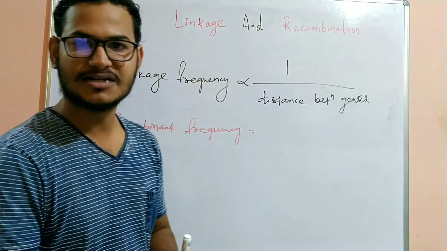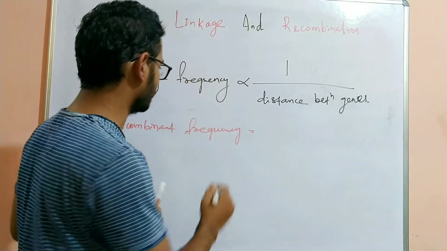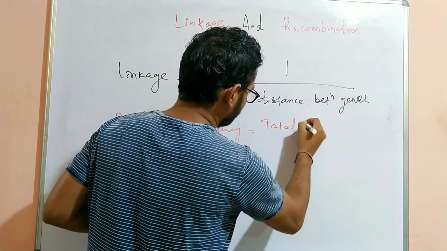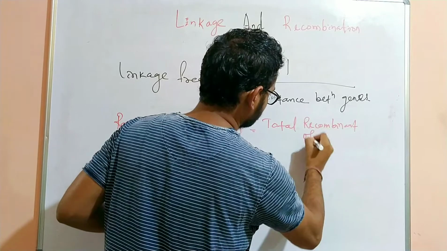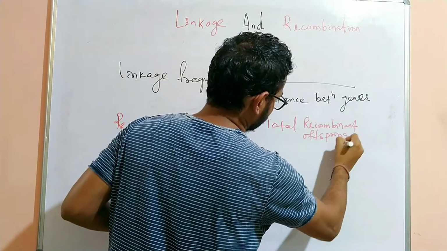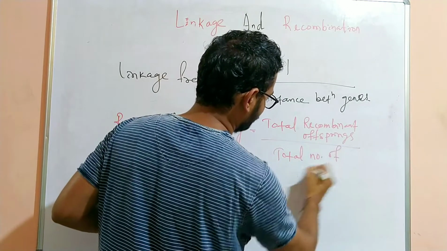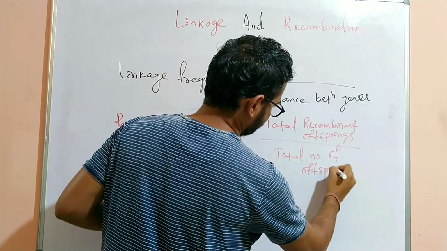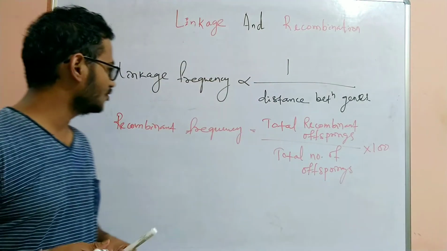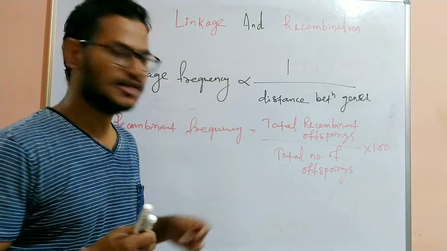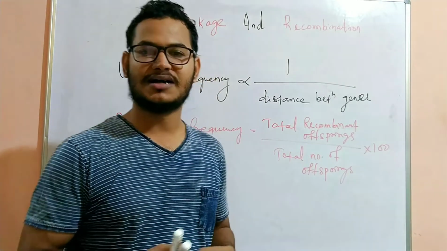Total recombinant offsprings divided by total number of offsprings, into 100. So this is the formula to calculate recombinant frequency: total recombinant offsprings divided by total number of offsprings into 100.